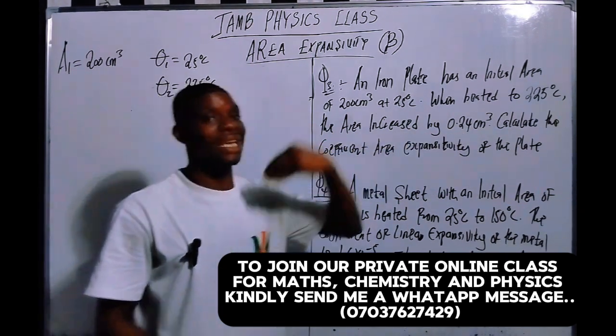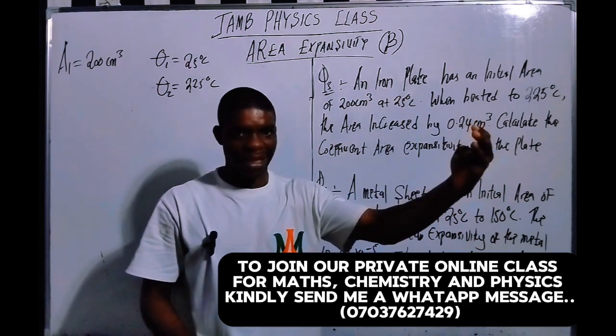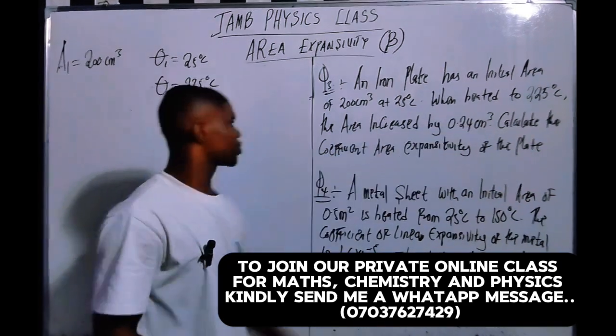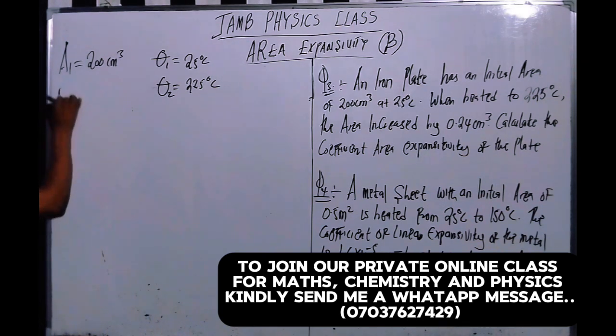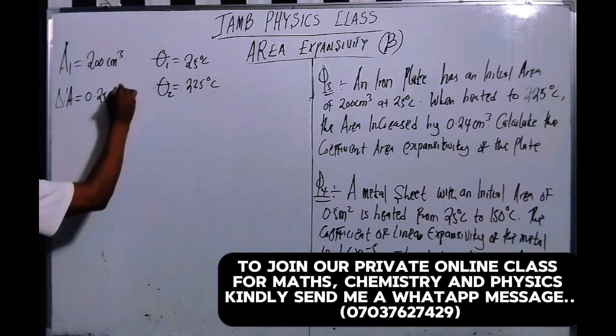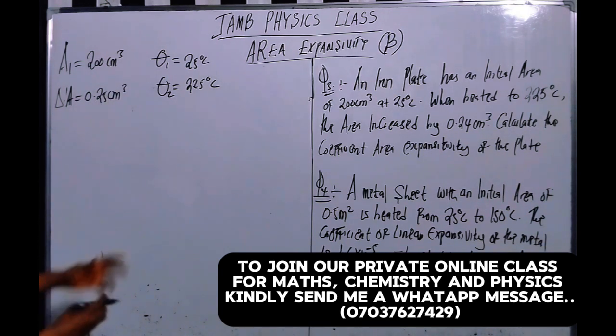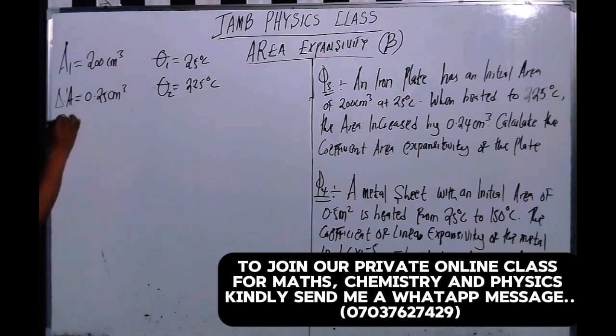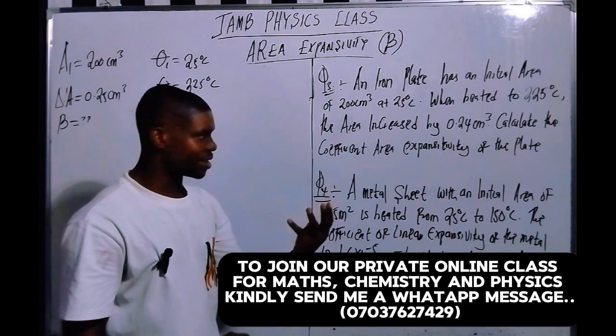This is the increase in area. So the change in area is 0.25 cm cube. What do they say we should calculate? They say we should calculate the area expansivity. This is what they say we will calculate. Area expansivity is very easy.